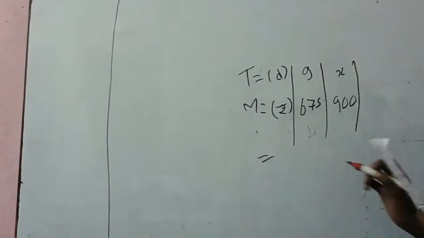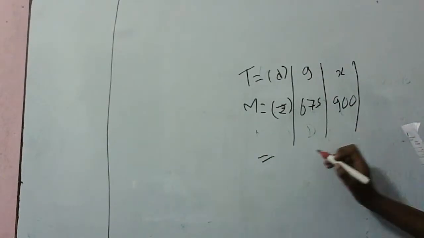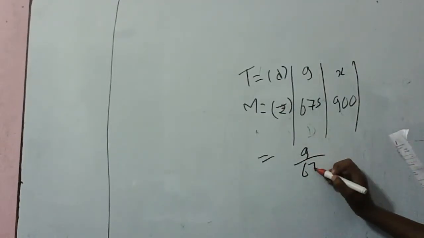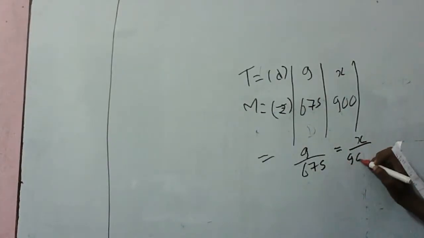So x by y equals k. So 9 by 675 equals x by 900.